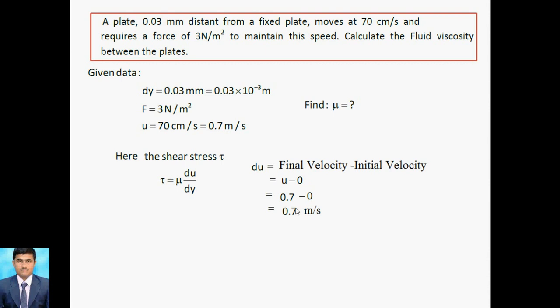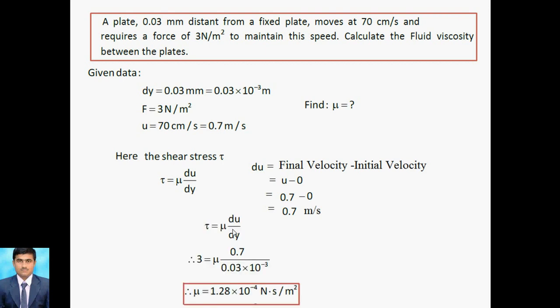Now put du over here, dy is 0.03 into 10 to minus 3, mu is the unknown, and tau is given directly as 3 Newton per meter square, that is shear stress.